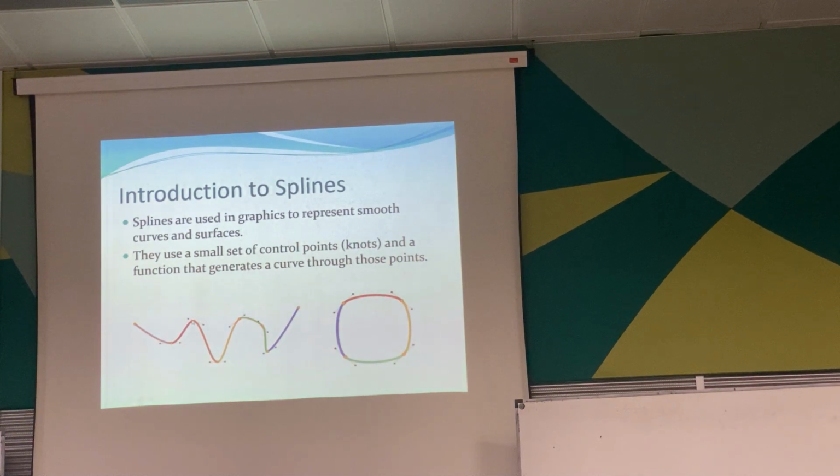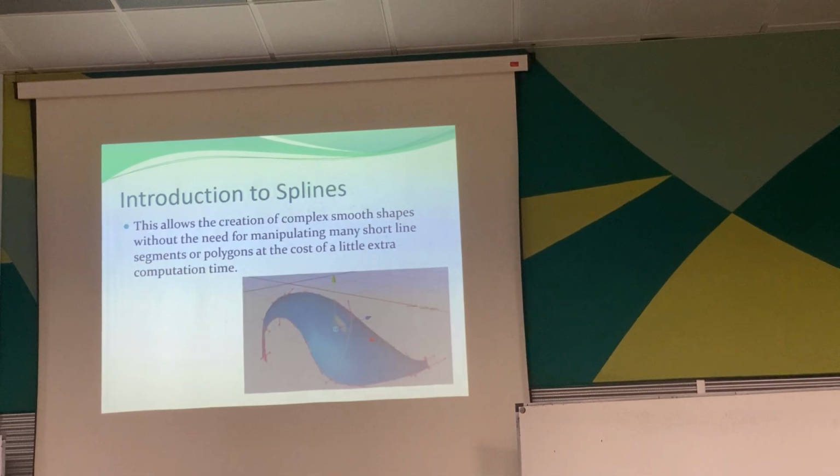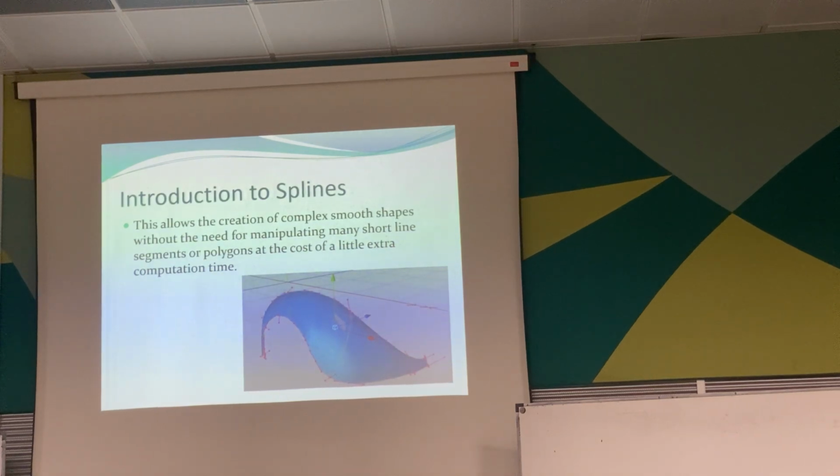In the same way, we control using a function, the function that will generate this curve, that defines how you connect those points. We will see later how many control points you put and what function you use. With this, you can have complex smooth shapes with curves, rather than drawing many short lines, like the circle and the polygon that we drew, the sphere.